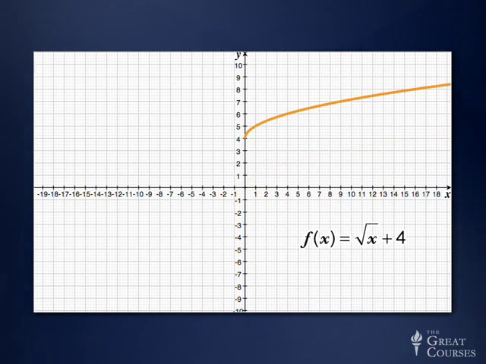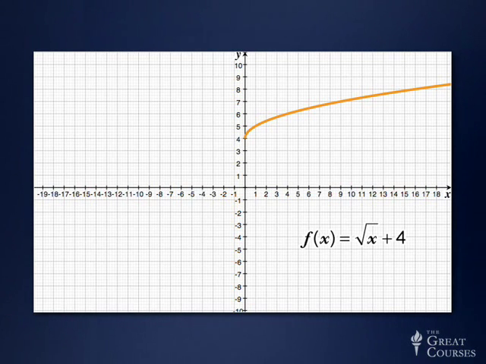The graph of square root of x plus 4 now starts at the point (0, 4). It's been shifted up 4 units, and now it will again make that nice upward motion from (0, 4) into the first quadrant. Notice that there are no other changes to the graph except for this nice shifting from the origin, basically, up to the point (0, 4).